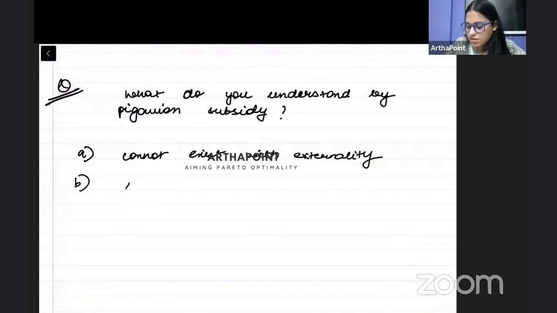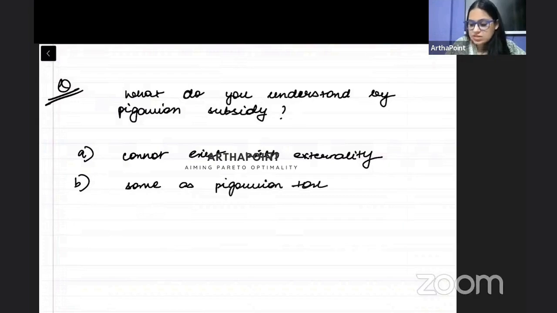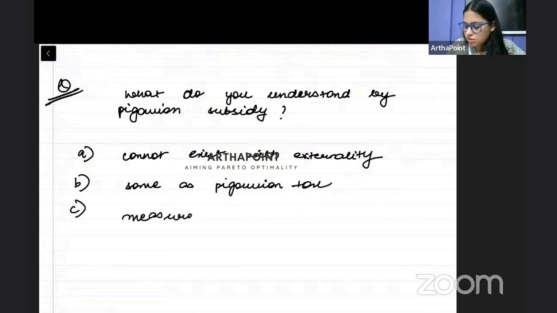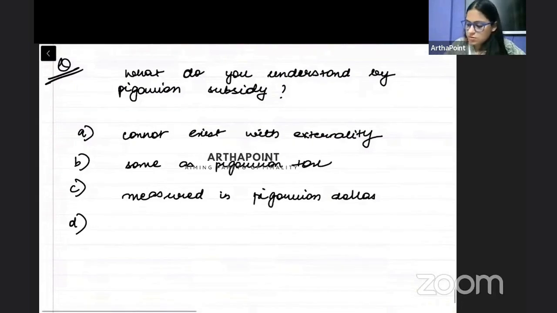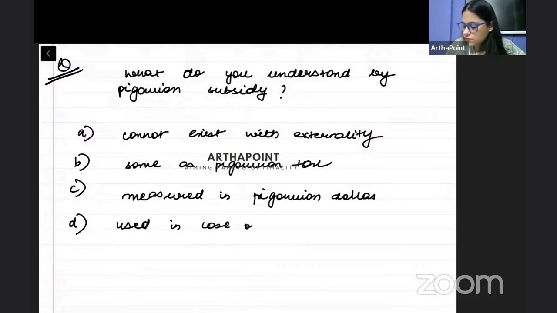Option number B, same as Pigovian tax. Option number C, measured in Pigovian dollars. Option number D, used in case of positive externality.